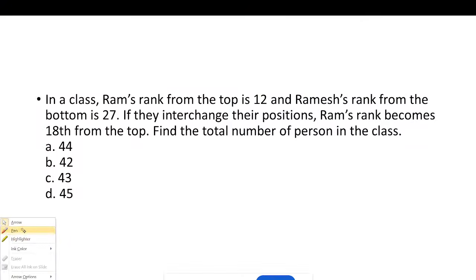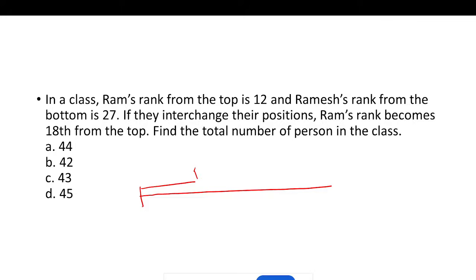In a class, Ram's rank from the top is 12. Ram's position is 12th from the top. And Ramesh's rank from the bottom is 27.